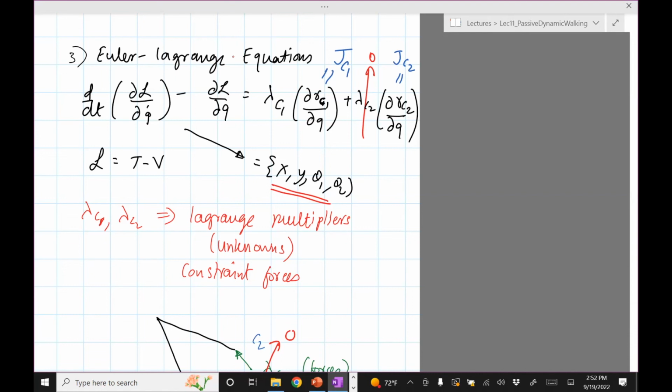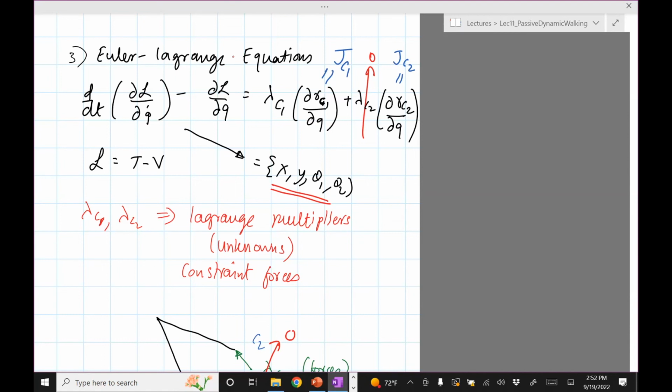And the first 2 equations you get, something x double dot, something y double dot, are actually used to compute those unknown forces. Those are not really required for doing any simulation. So what we really need to do is eliminate the first 2 lines. There are 4 equations. The first 2 equations don't really have anything to do with accelerations.